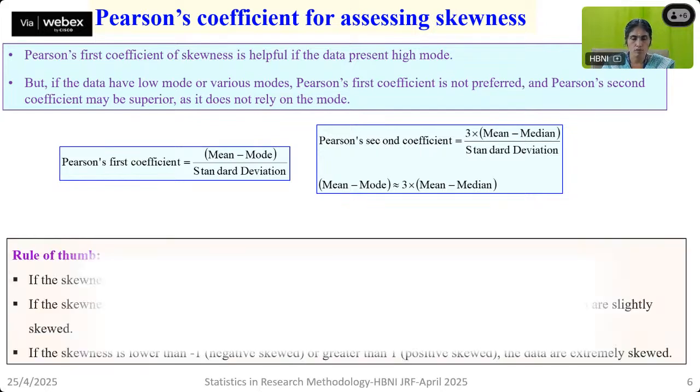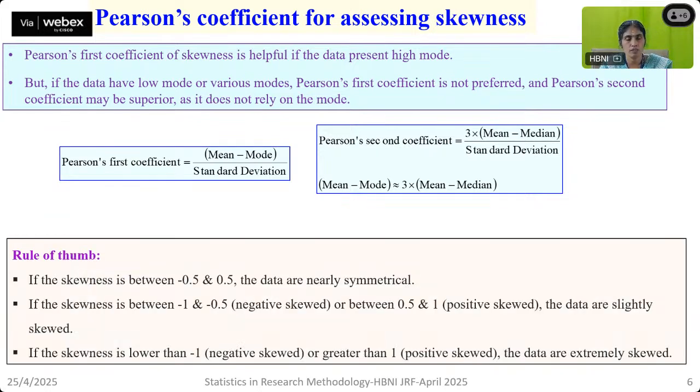If you do the calculation of Pearson's coefficient as shown in the left side of the screen, you can see for those particular data having singular mode, the left one equation is used. If you have multiple mode or flat region of population, flat distribution of population, then we go for the Pearson's second coefficient, which depends on median, not on mode.